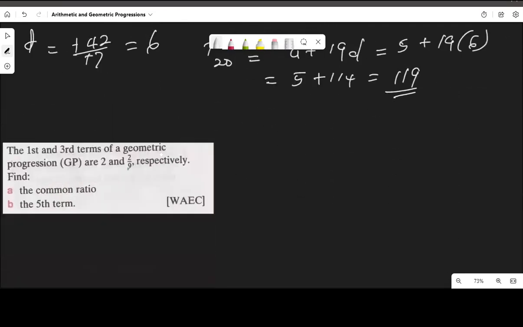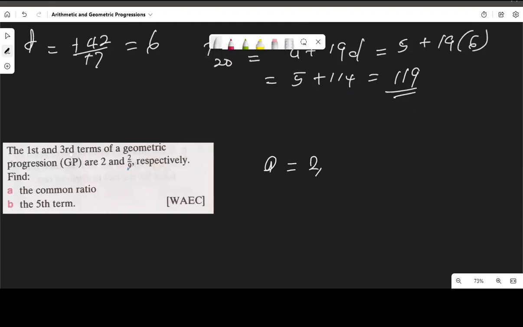Finally, the last question says, the first and third terms of a geometric progression GP are 2 and 2 over 9 respectively. Find the common ratio and the fifth term. The first term A is, according to the question, 2. So A is 2.